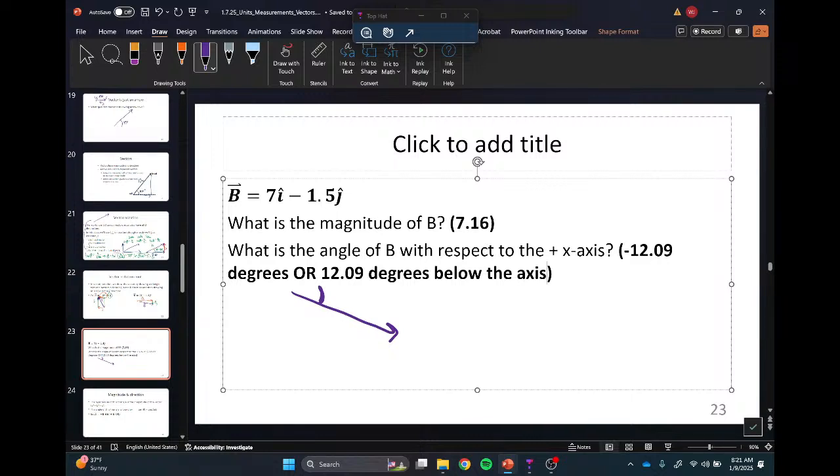We can't say how big something is and say it's a negative number. Yes, what's the angle?